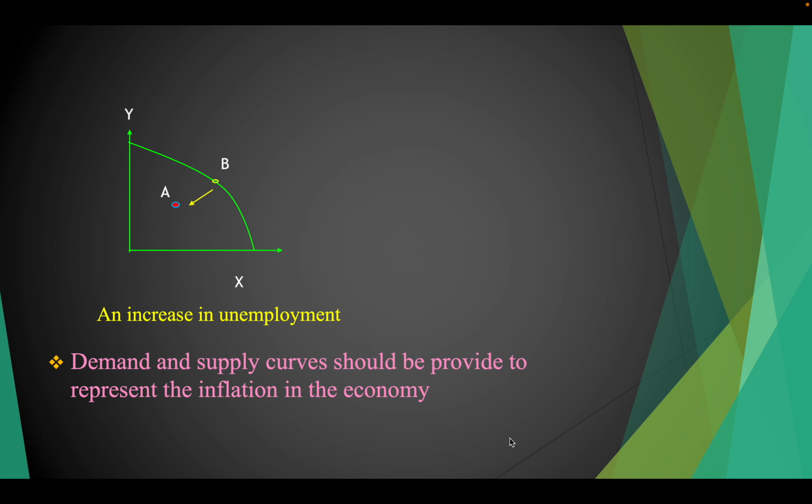Here you can see an increase in unemployment can be shown by the point moving within the PPC, like this. Point B to point A shifting to within the PPC. That is the increase in unemployment.